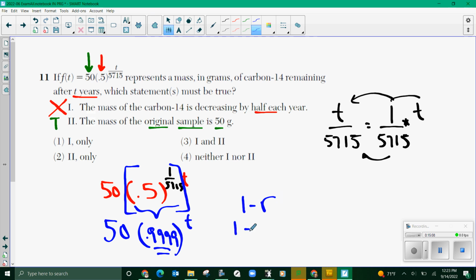So if I take 1 minus my rate equals 0.9999 and solve for r, it's going to end up being 0.0001. That's not a 50% decrease. 2 is the only answer that's correct.